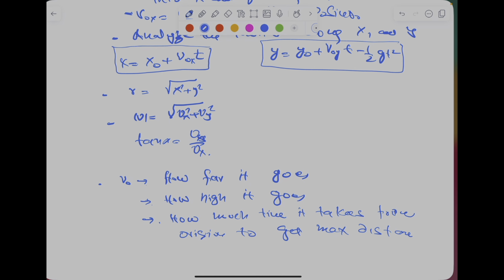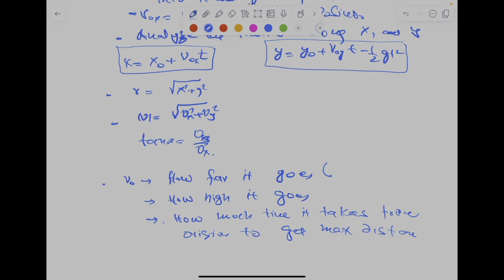So how far it goes is your range of the projectile, how high is your height of the projectile, and this is the time of flight.